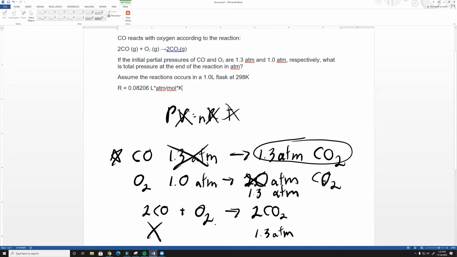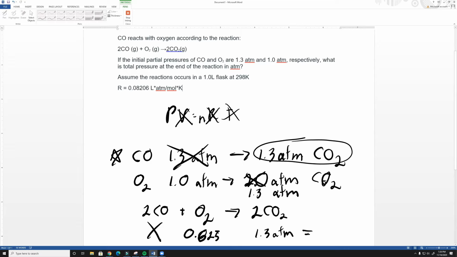We can use that ratio going backwards. It would be half. So 1.3 ATM would basically be the 2, and to make this 1.3 ATM, it would have to be half of that, which is 0.625 ATM. So after the reaction occurs, you have left over 0.625 ATM of O2.